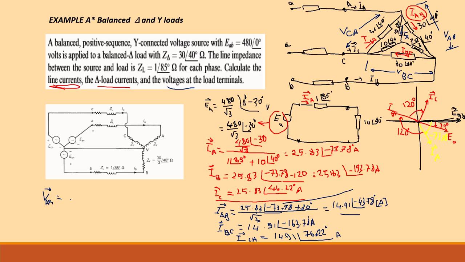The current, as we see on the delta connected load, is equal to 14.91, and the angle is minus 43.78 multiplied by the impedance of the delta connected load.